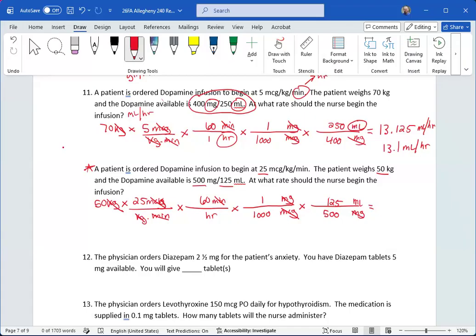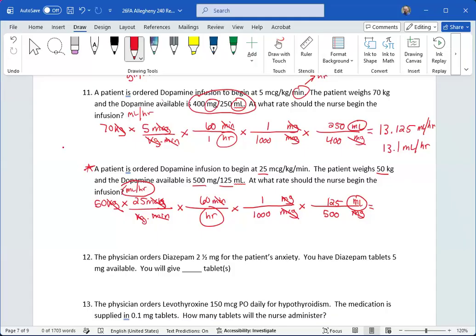So before I do any math, mLs per hour, what am I looking for? I know it says at what rate should the nurse begin the infusion, but we discussed this earlier. We said that's ml per hour. So make sure that we're in the right units, and then we just plug it into our calculator. 50 times 25 times 60 times 125 divided by 1,000 divided by 500.